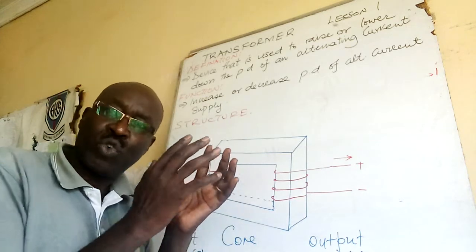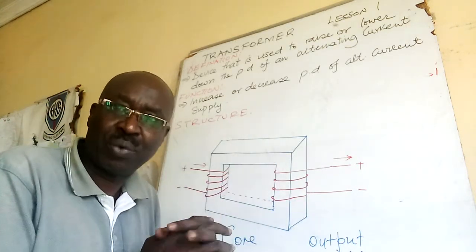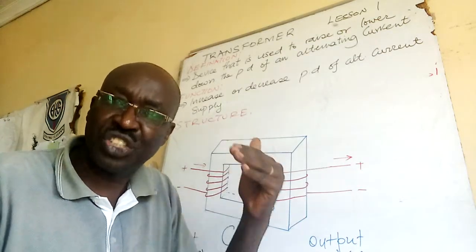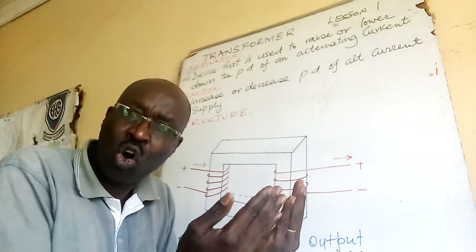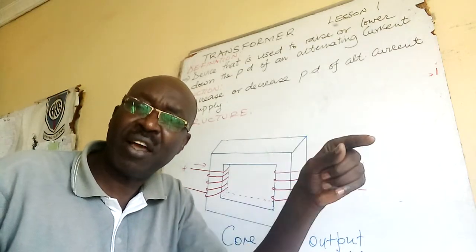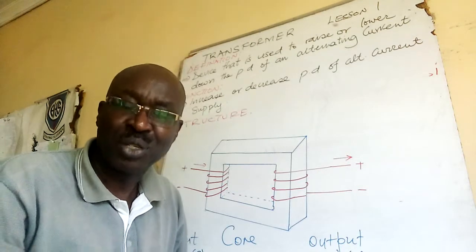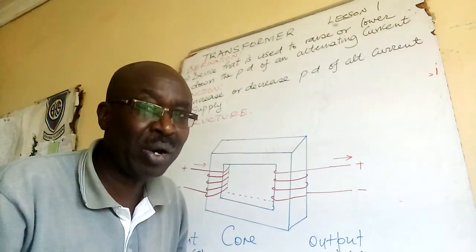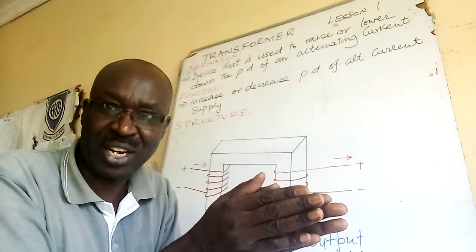Now, I'm moving from that scenario now. Which scenario? When there is change in magnetic flux on one side, induced EMF is obtained on the other side. So basically I want to talk about the input side and the output side.